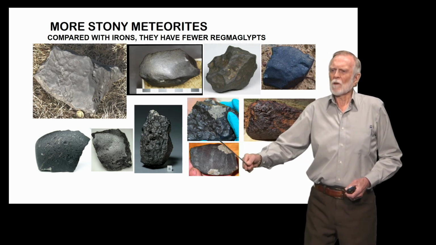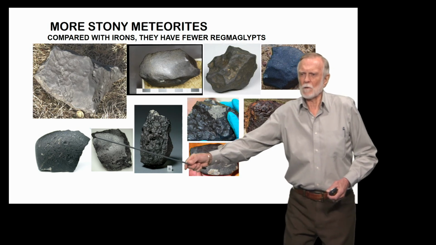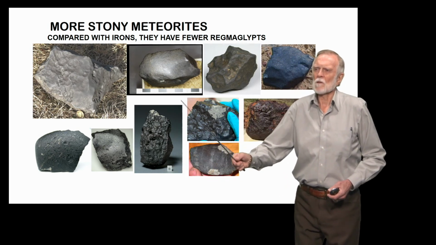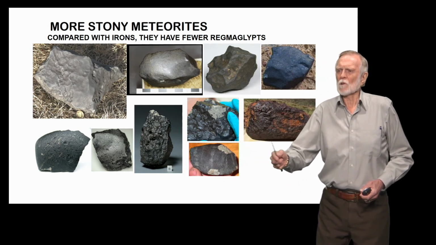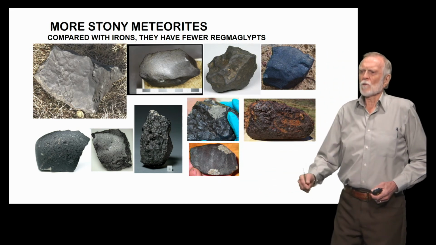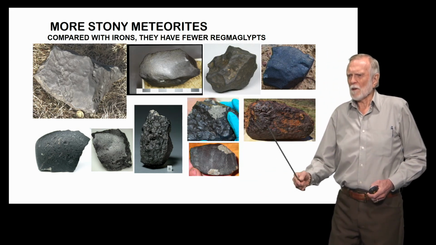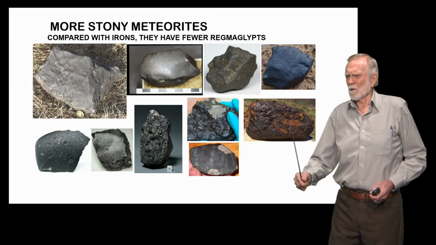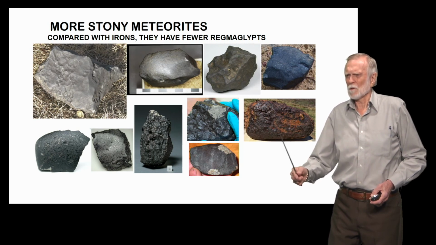These four here are all achondrites. The four at the top are all chondrites. The one over here is a lunar achondrite, and it has gotten rusty and partly decomposed while it's been on planet Earth.